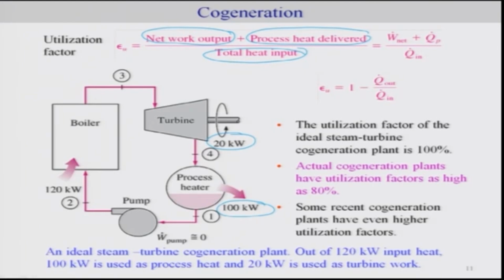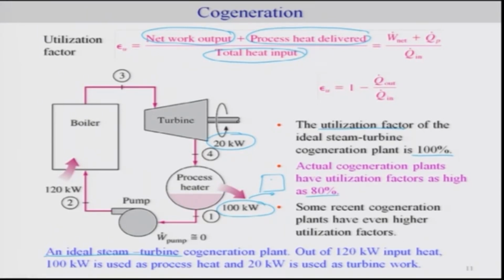In the case of an ideal steam turbine, the utilization is 100%, where we are trying to use this in some other part of the plant. Thus the utilization factor could be 100%, but actual cogeneration plants have around 80% utilization.